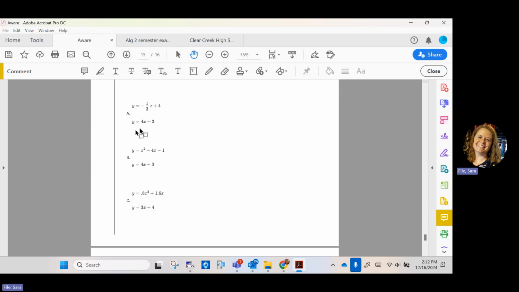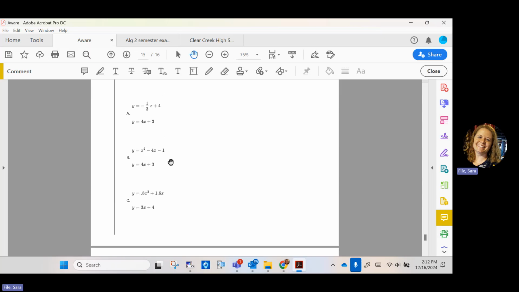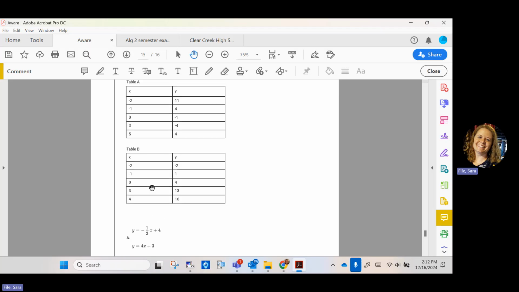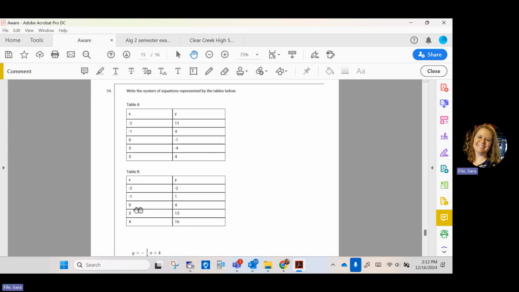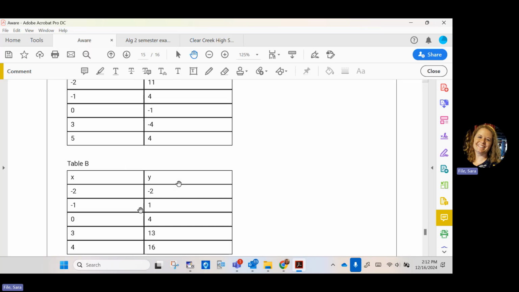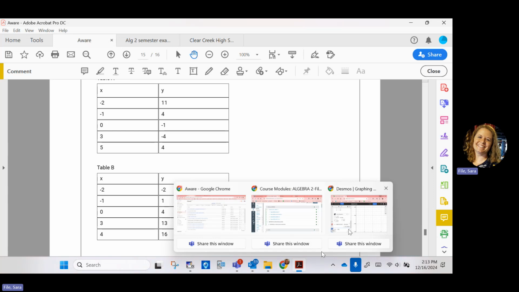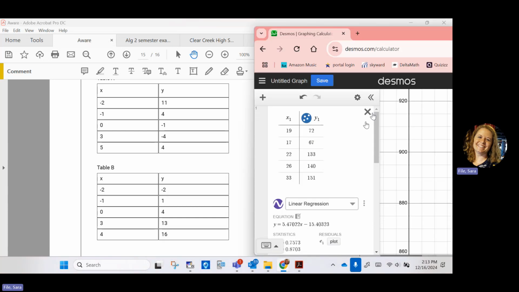So answer choice A has 2 linear, and then all the rest have 1 linear and 1 quadratic. So you could check these by plugging the numbers in and seeing which one works best for both equations, or you could run regression, which I would just run regression, especially now that we know that little shortcut's in here for regression. It makes it not take quite as long.